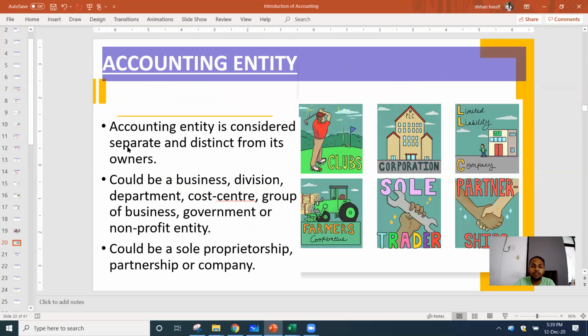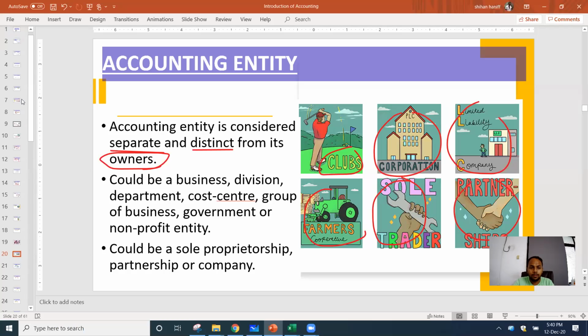The accounting entity is considered separate and distinct from its owners. Owner and the business, two separate parties. So it can be a club, a sole proprietorship, a partnership, limited company, corporation, or any other business, right?